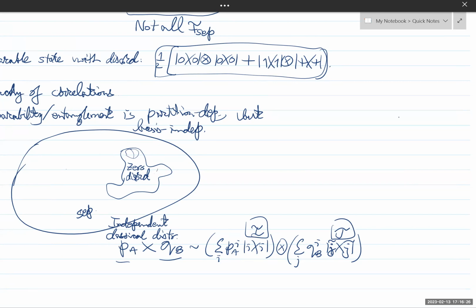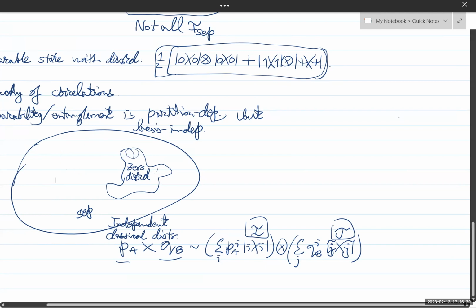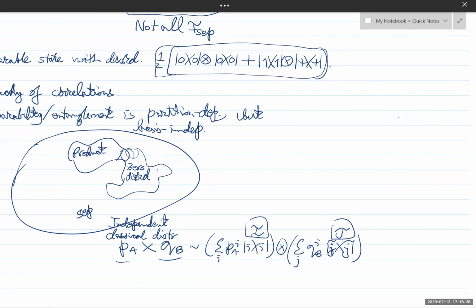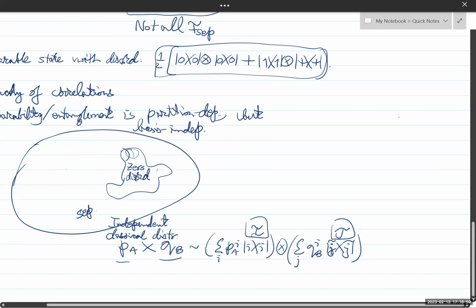And then you have the set of just product states, which is again non-convex. And they intersect somehow? Yes, they intersect. And are there product states that have non-zero discord, or is the product set a subset? Yeah, this would be a subset. Okay. Good.